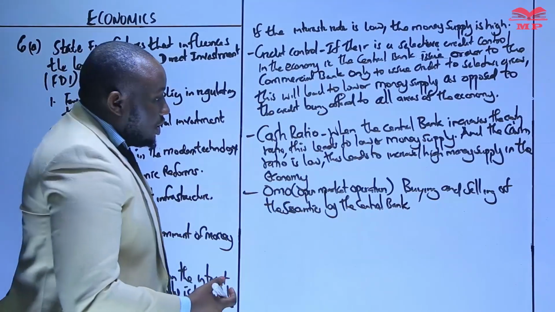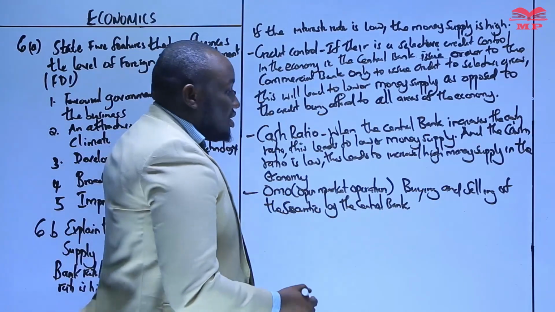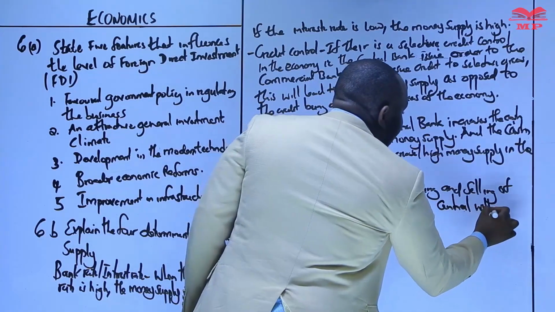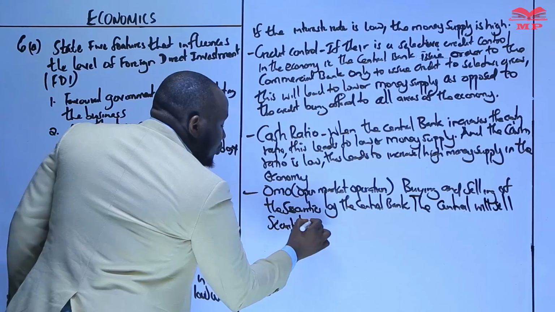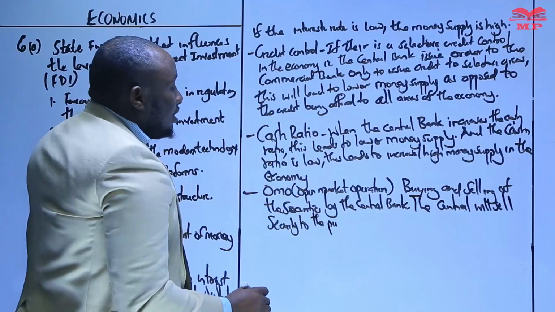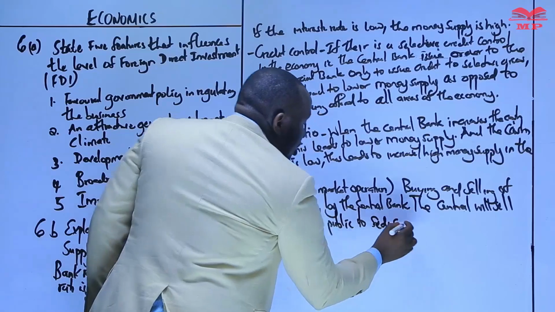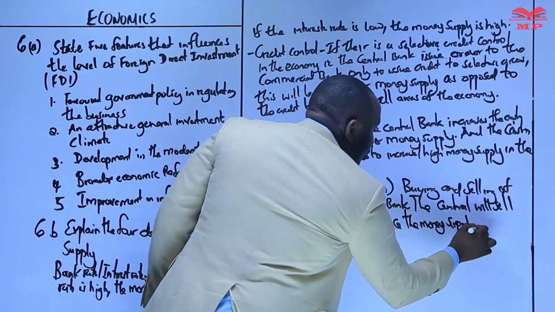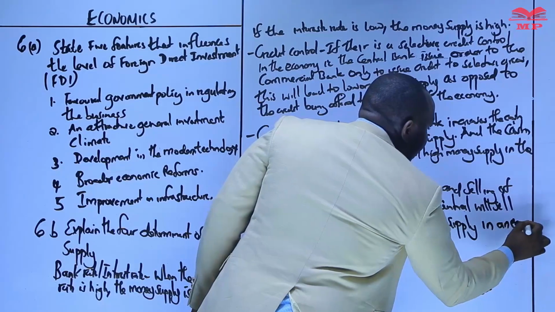We take, for example, when there's a lot of supply of money in an economy, in order to reduce it, the central bank will sell securities to the public to reduce the money supply in the economy.